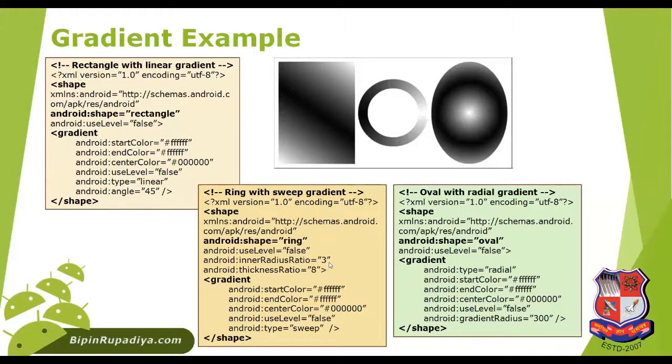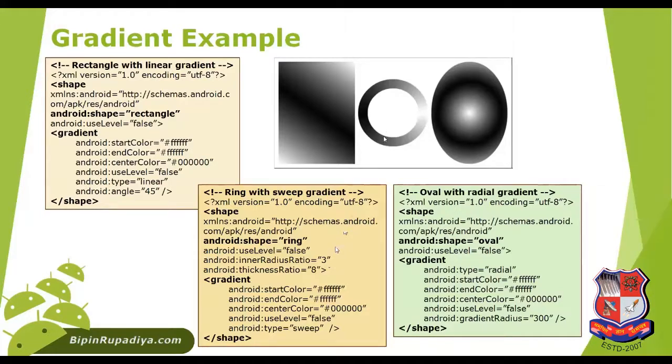We specify the inner radius ratio as 3 and thickness ratio as 8. If you convert this into percentage, you can specify 30% and 80% for the thickness and inner radius ratio. It starts from the outer border of the shape.